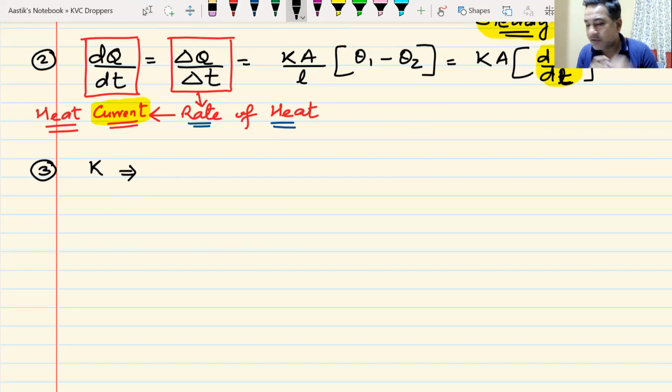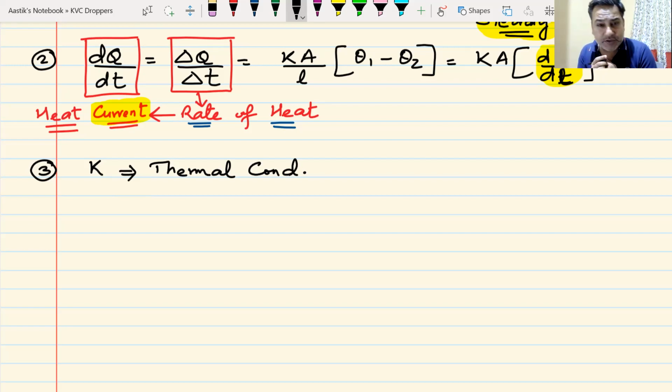Tell me, what does K tell us? It is known as the coefficient of thermal conductivity, or in short, thermal conductivity of the material of the body. And it has some unit, it has some dimension. I leave it to you to understand it.